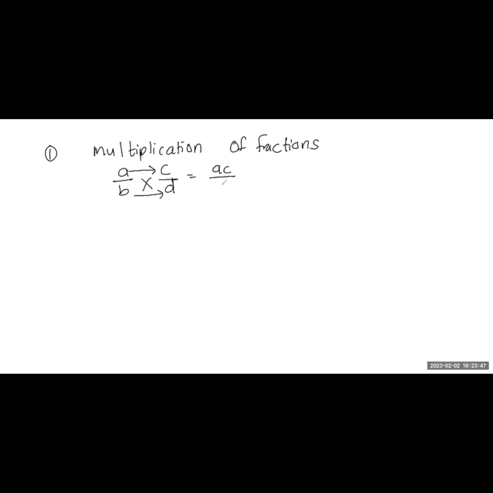That's AC over BD. We can only cross cancel over a multiplication sign. So there's going to be a huge difference now between cross canceling and cross multiplying. Let's go through that.